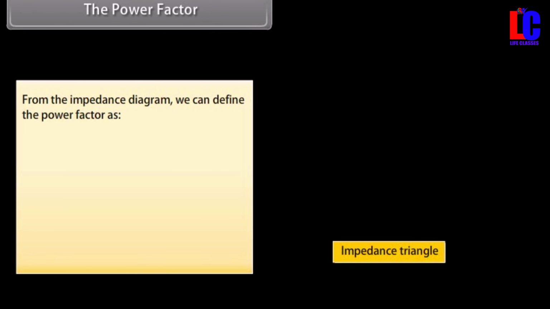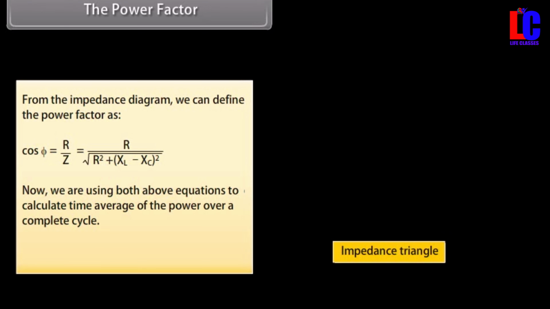From the impedance diagram, we can define the power factor as cos phi equal to R upon Z, which is equal to R upon under root R square plus (XL minus XC) square. Now, using both above equations to calculate time average of the power over the complete cycle, P bar is equal to Irms square into R.